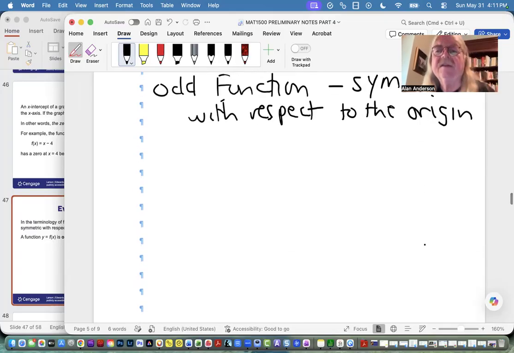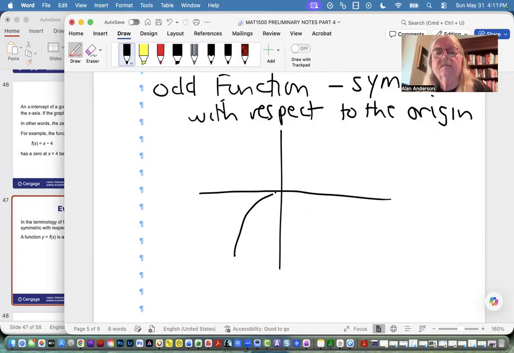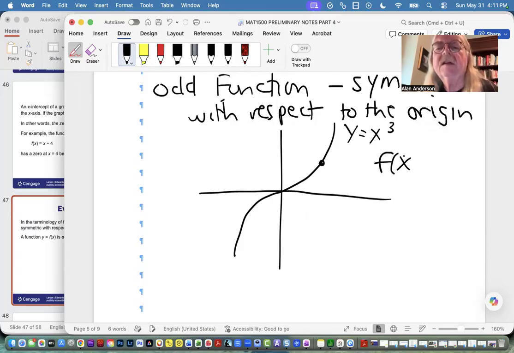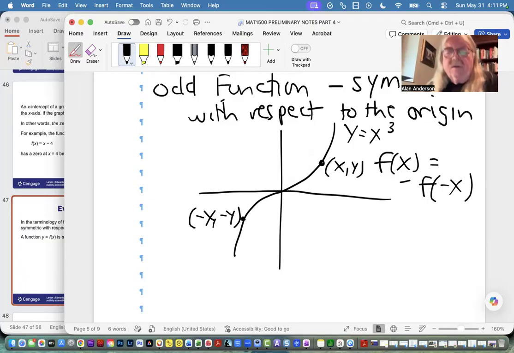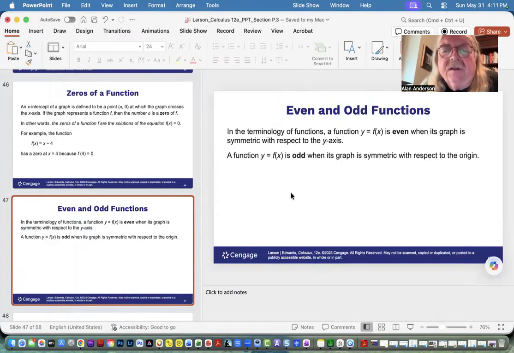So the example I gave last time of this was this one, which means that f of x equals negative f of negative x. So that basically means for every x, y we have down here somewhere the corresponding negative x, negative y. Okay. So it's really just terminology. Most functions don't fall into either category, or many functions don't fall into either category.